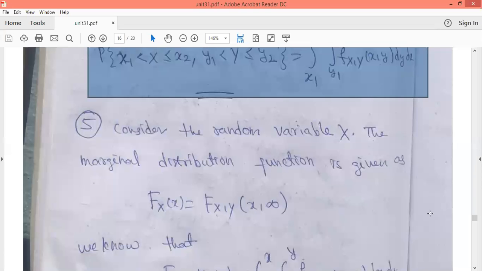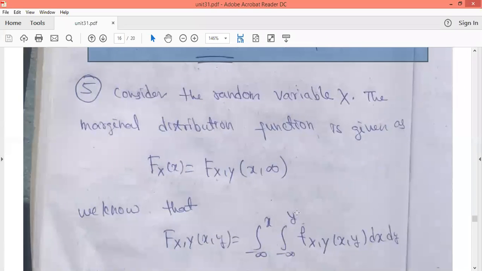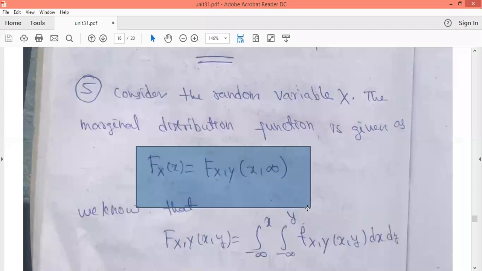The fifth property says how to find the marginal distribution functions. So we know what the marginal distribution function is: Fx of x is equal to Fxy of x comma infinity. What is the y term here? The y term will be equal to infinity.